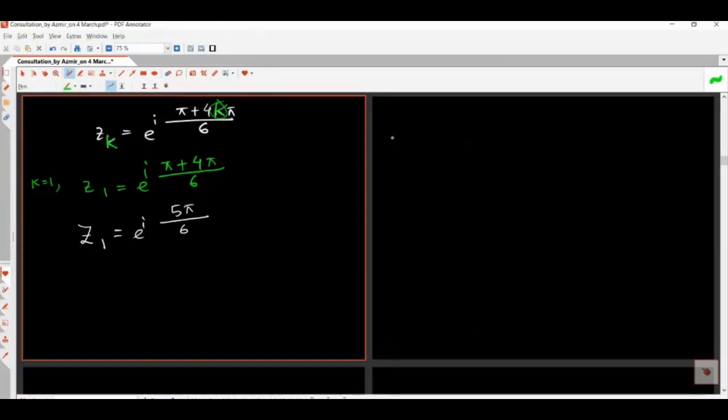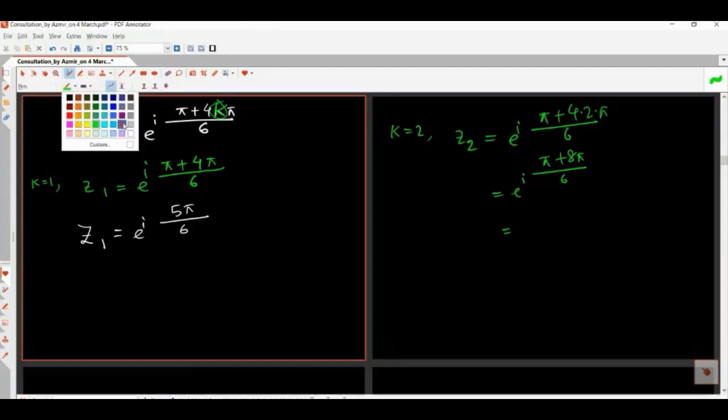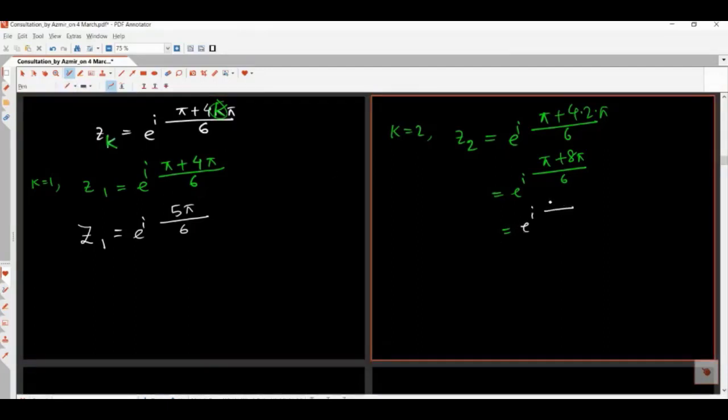Similarly, for k equals 2, z2 equals e power i (pi plus 4 times 2 times pi) over 6, that is e power i (pi plus 8 pi) over 6. That means we are getting e power i 9 pi over 6. So this is z2. Here z1 and z2 are both in polar form.